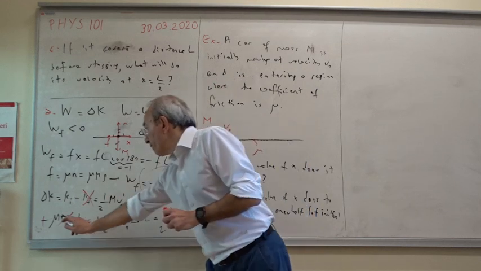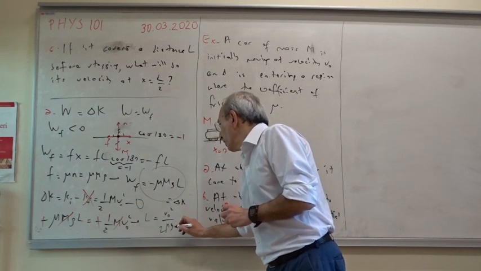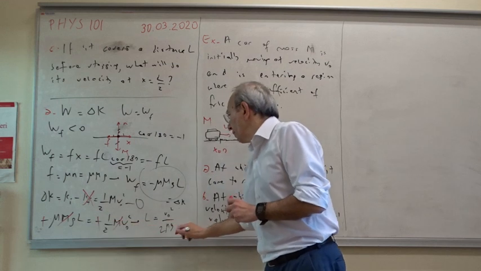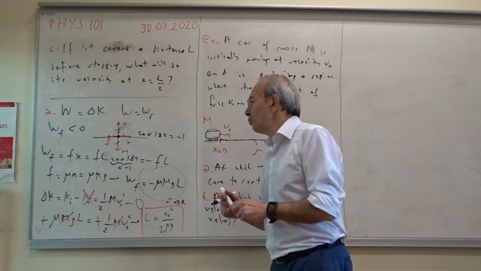Mu and g come to the denominator. So L is equal to V0 squared over 2 mu g.